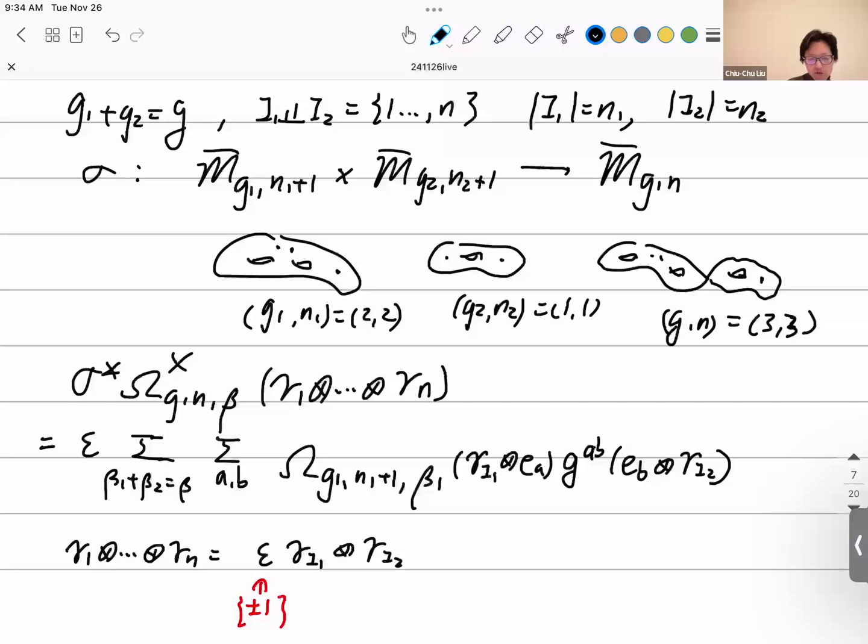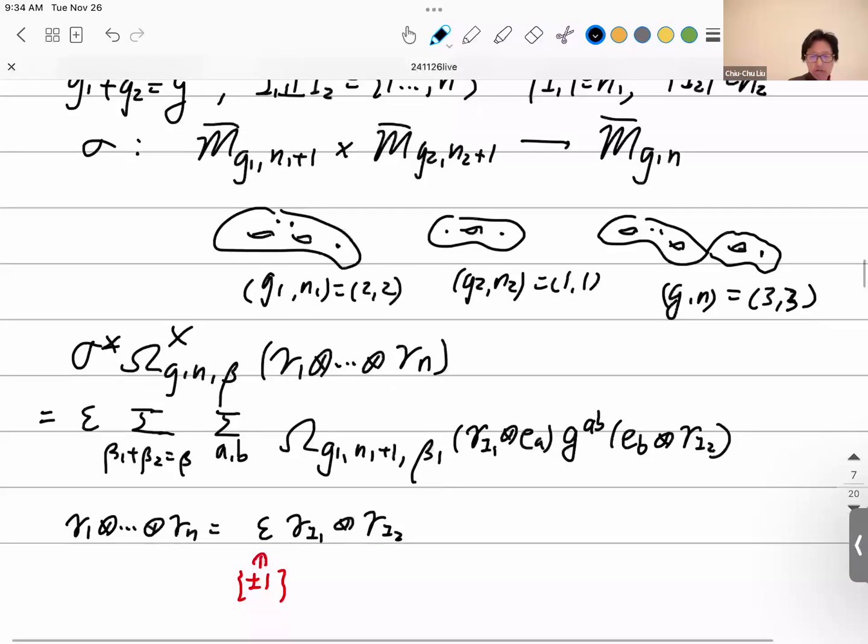And if the degree of the map is beta, then this degree can be distributed to the two irreducible components. So we have a sum over beta 1 plus beta 2 equals beta, and then a sum over the basis. Basically, we want to glue two stable maps of genus g1, n1 plus 1, beta 1 and genus g2, n2 plus 1, beta 2.